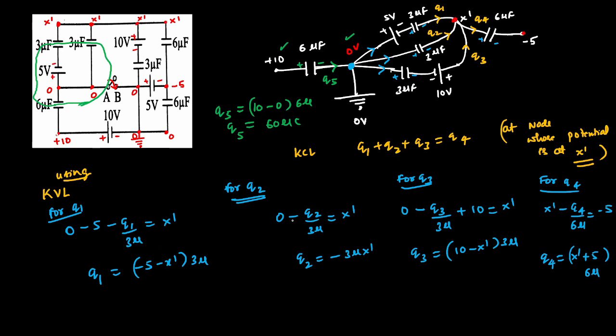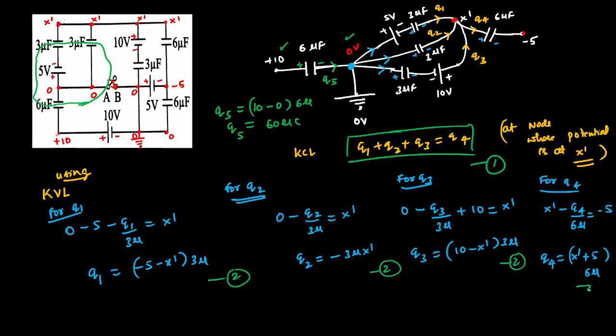Now, what about Q1, Q2, Q3, Q4? Do we have those values? To get them, we need to solve these equations. Let's say that is our equation 1, and all these are our equation 2. We'll use equation 2 in equation 1 and simplify.